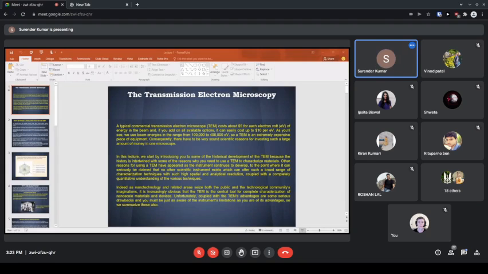In case of one-dimensional material, two dimensions are in nanoscale, between 1 to 100 nanometer, whereas the third dimension is in macro scale.